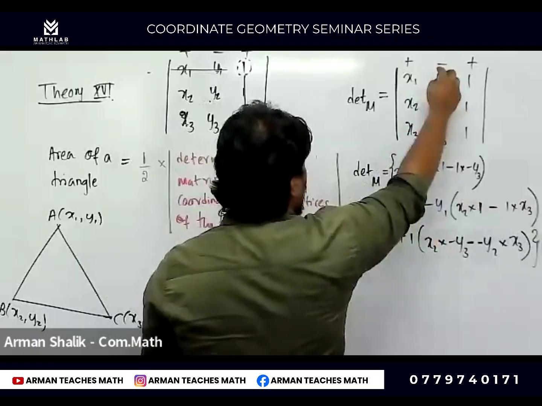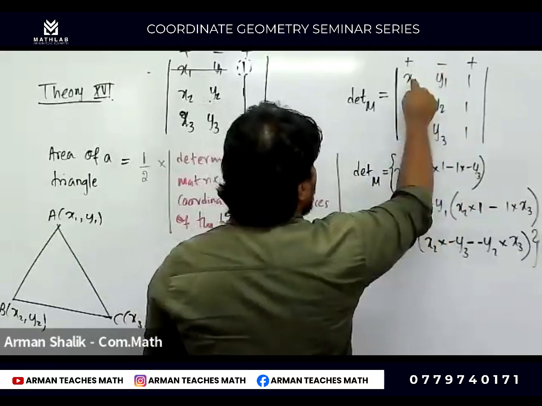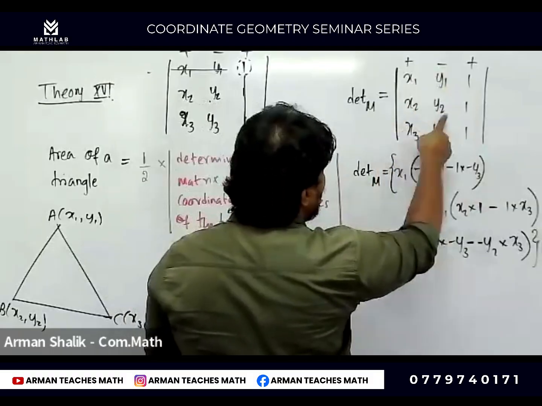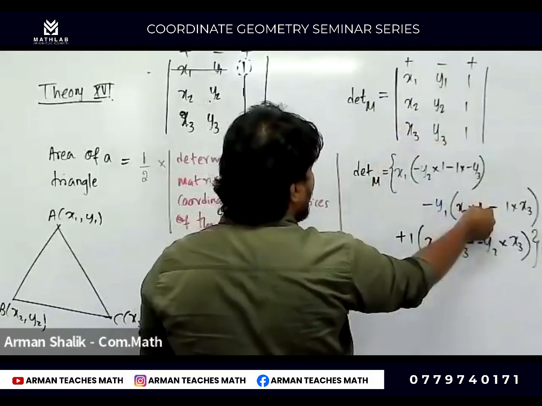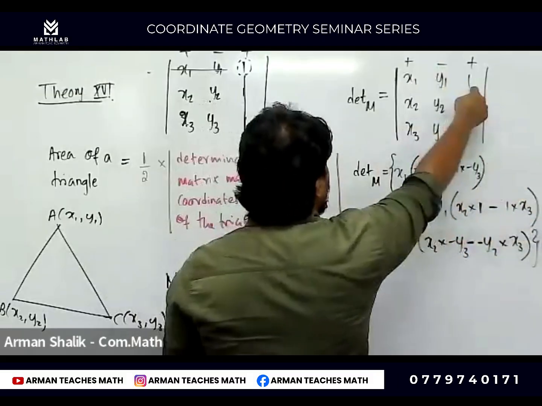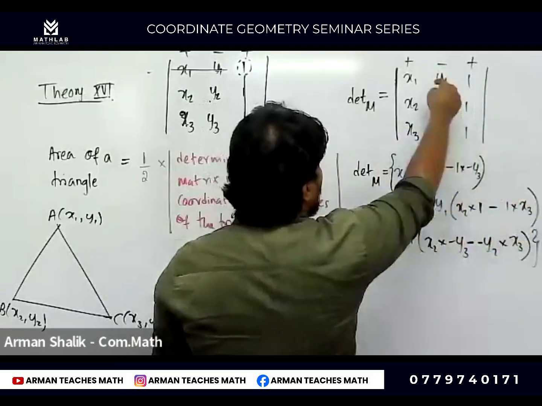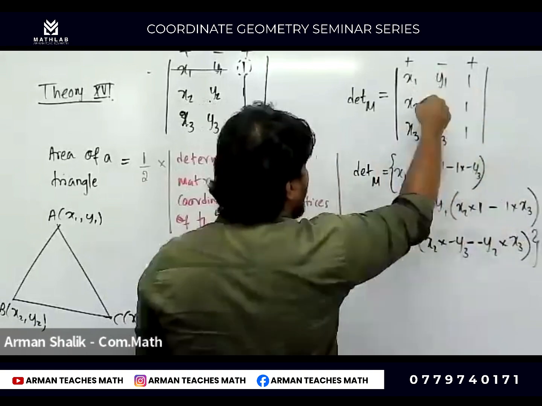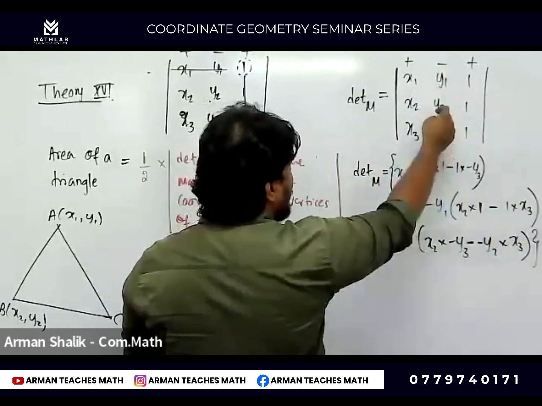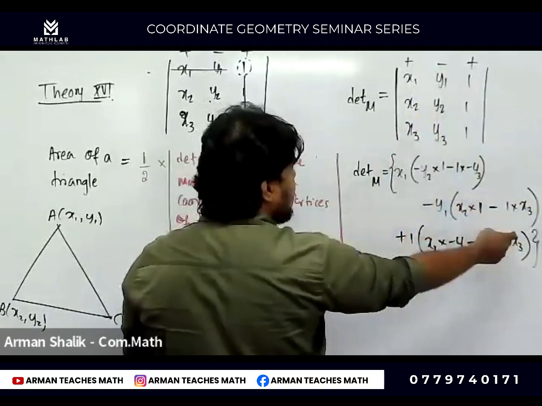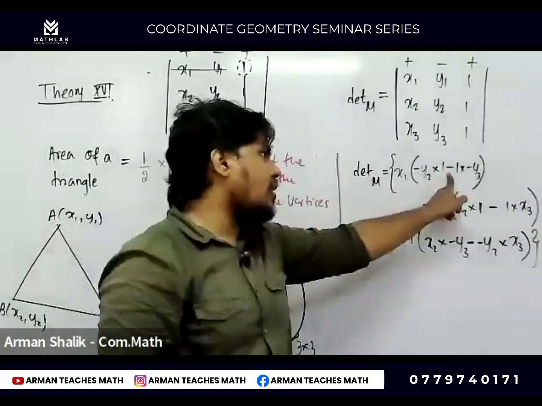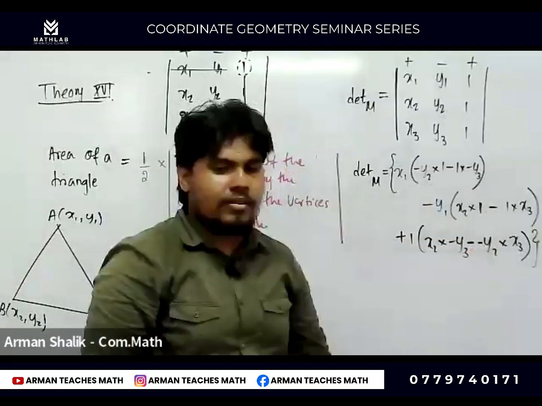Then I'm selecting minus y1 times this row and this column discarded, x2 times plus 1, by default minus plus 1 times plus x3. Then I'm selecting plus 1, then plus 1 times this row and this column discarded, plus x2 times minus y3, by default minus y2 times plus x3. I forgot to mention that this is minus. By default we have a minus.